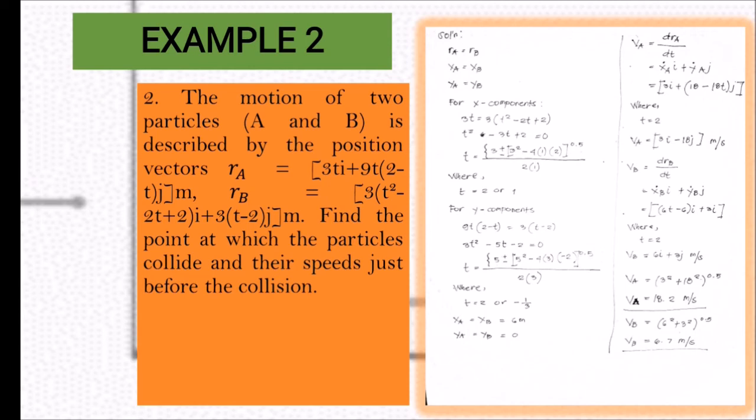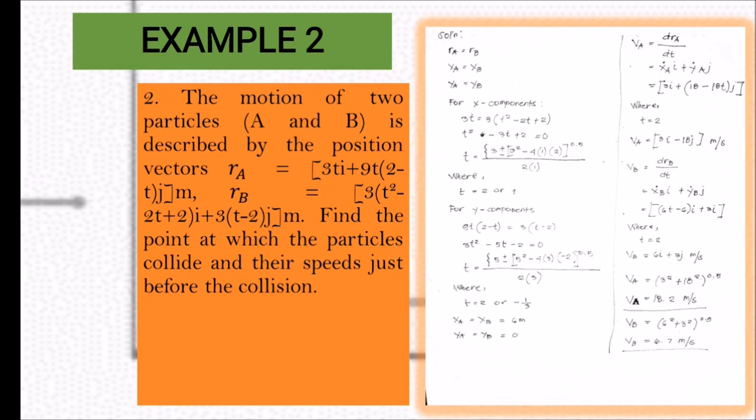Then for our y components, 9t times 2 minus t is equal to 3 times t minus 2. Then we'll also arrange it as an equation. So we have 3t squared minus 5t minus 2 is equal to 0. Then, lipat natin siya into our formula. t is equal to 5 plus minus 5 squared minus 4 times 3 times negative 2 raised to 0.5 over 2 times 3, where t is equal to 2 or negative 1/3.